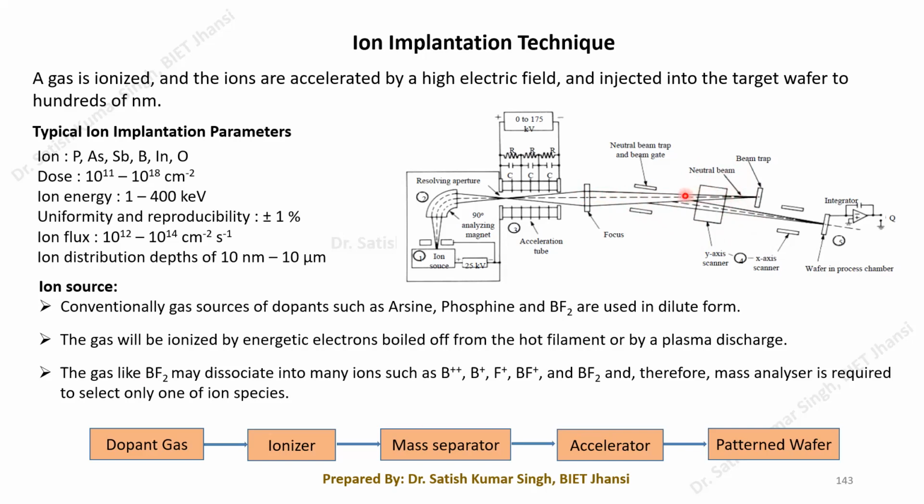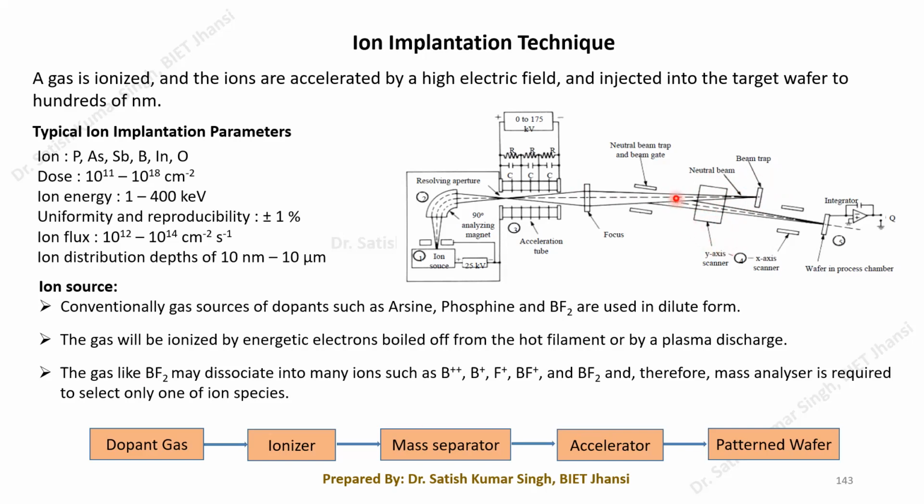We need another y-axis scanner in which we deflect the path of the charged ion beams, but the neutral beam cannot be deflected by the electrostatic potential, and it will continue in this path and later be captured by this beam trapper.